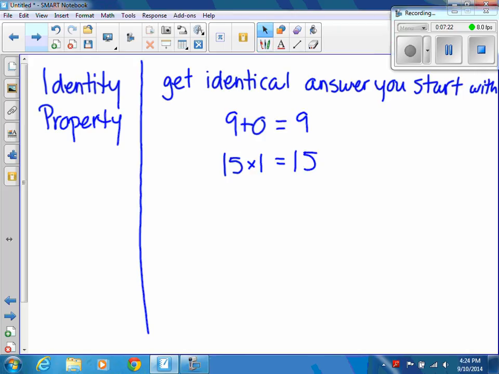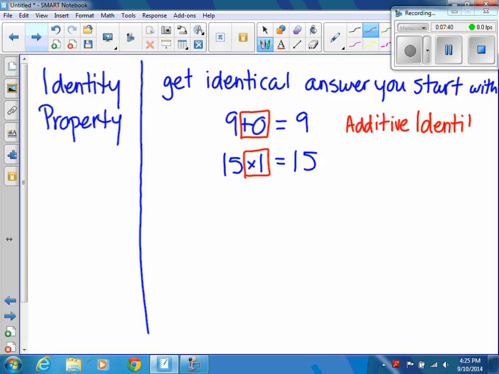So the only thing to keep in mind here is we're either going to be adding 0 or we're going to be multiplying by 1. So again, we have an additive identity and we have a multiplicative.